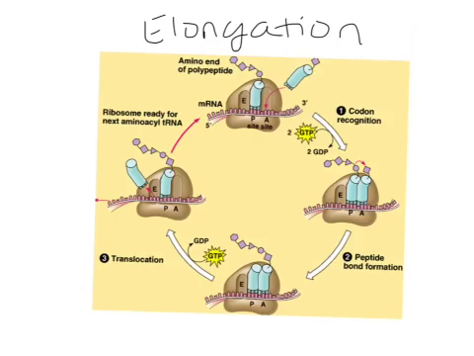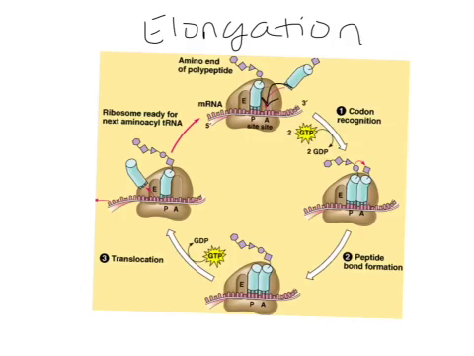So once we've started this process, now we have to elongate the polypeptide chain. So the transfer RNA will enter at the A site. So the next tRNA comes in there at the A site, and they will form a peptide bond between the amino acids.